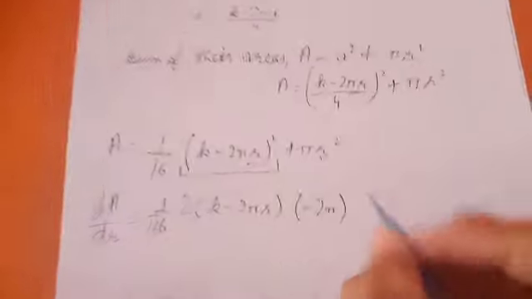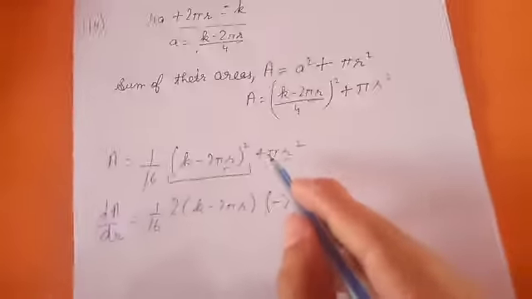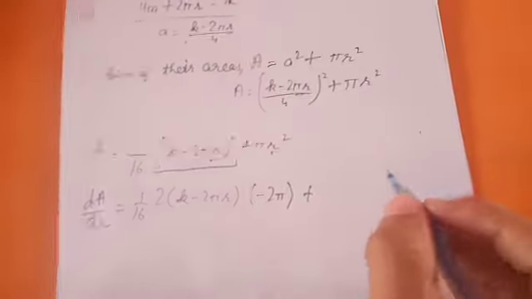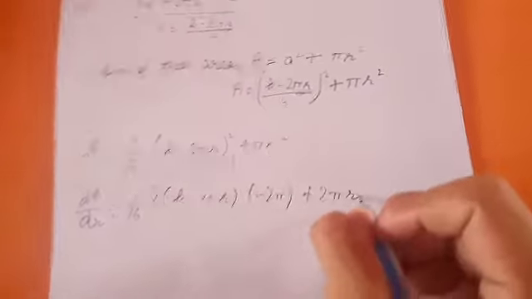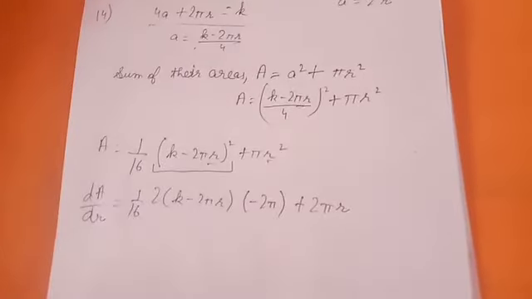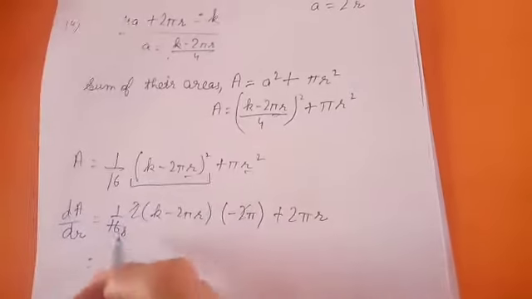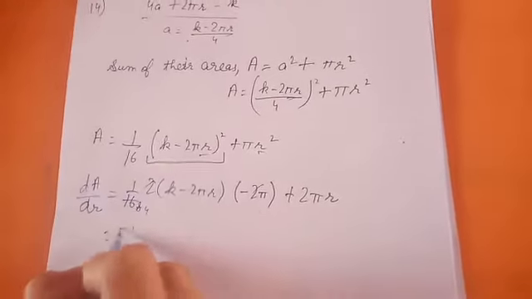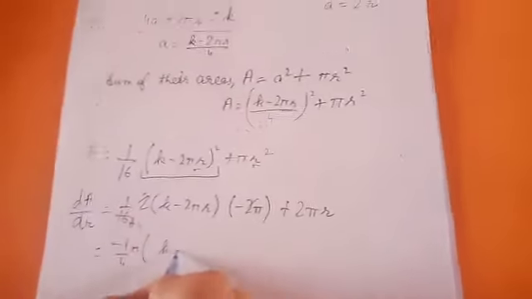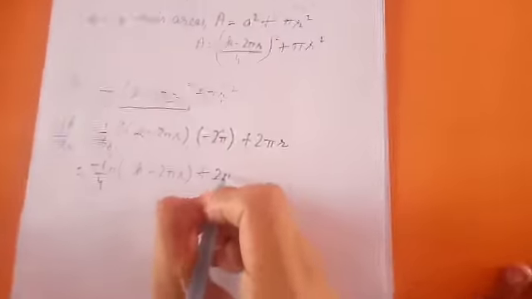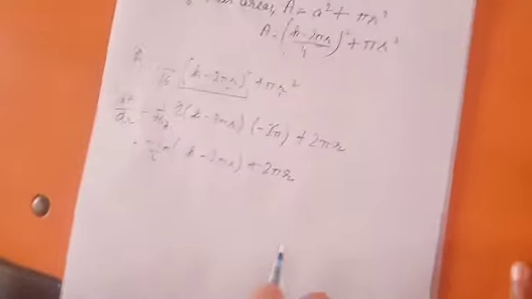Plus, differentiation of pi r square will be 2 pi r, so this is dA by dr. So this can be written as minus 1 by 4 pi into (k minus 2 pi r) plus 2 pi r.